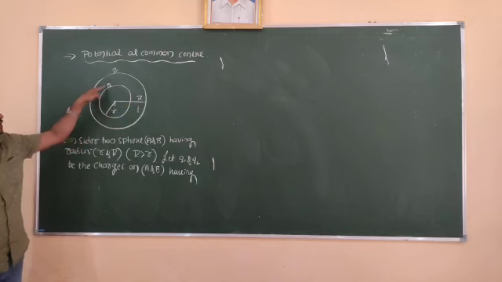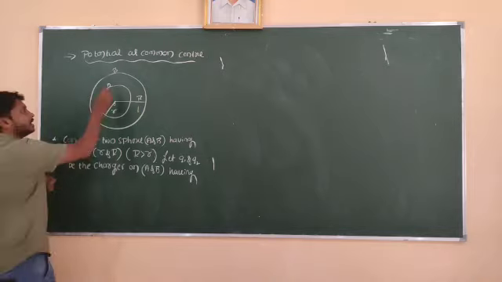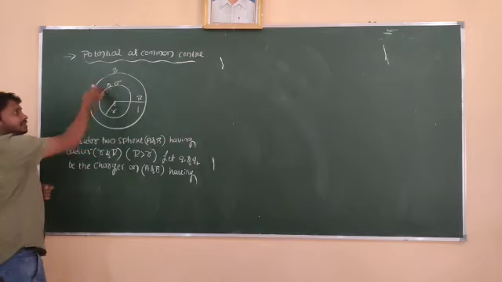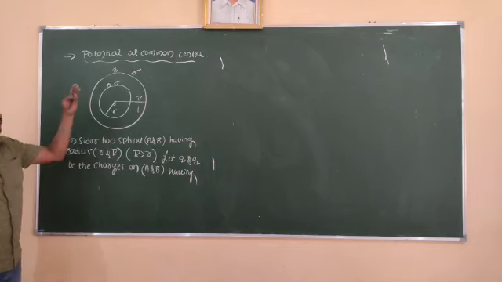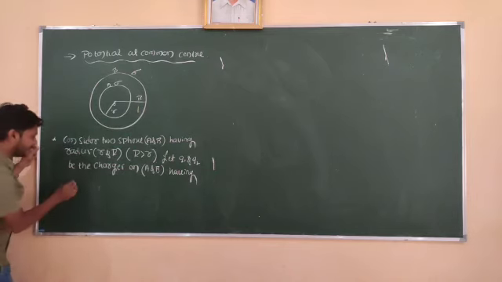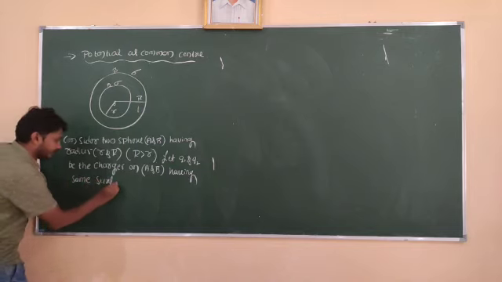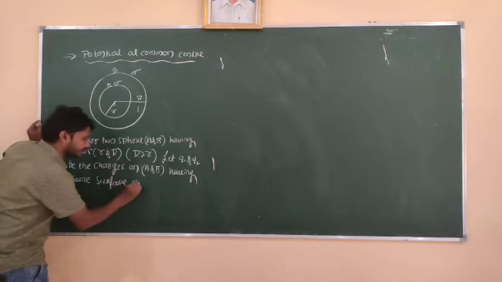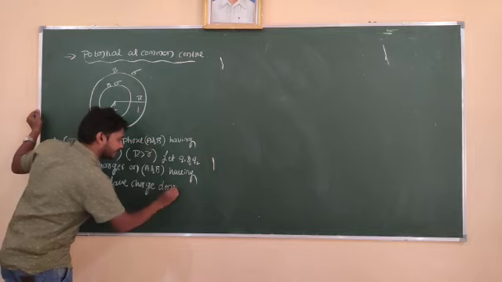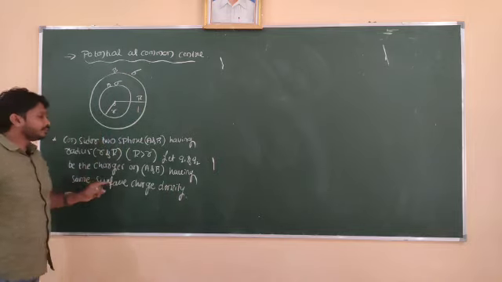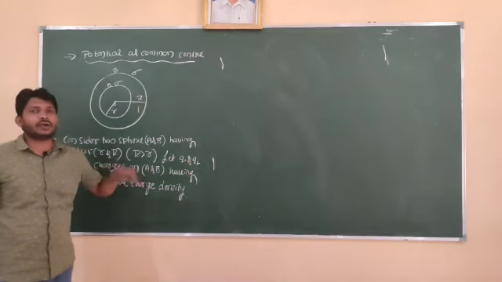So the surface charge density of sphere A is equal to the surface charge density of sphere B. In general, the surface charge density is sigma on sphere A as well as sigma on sphere B. So the charges on body A and body B are Q1 and Q2.